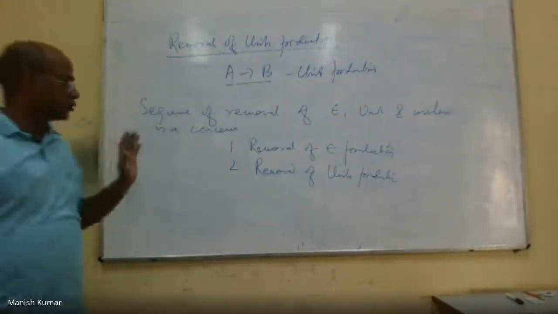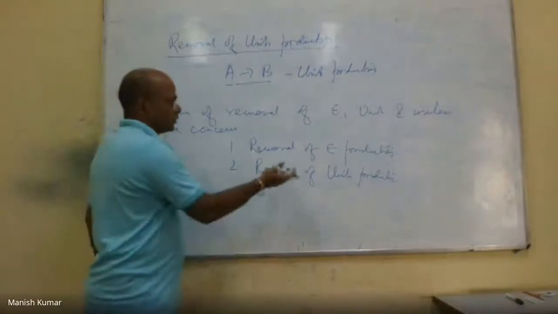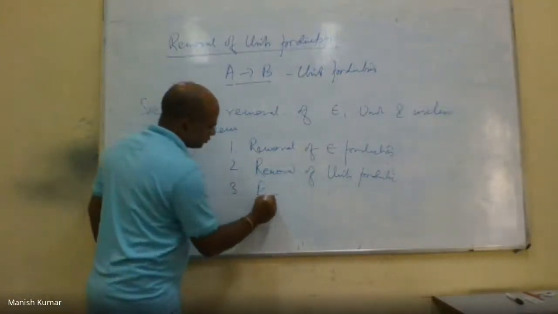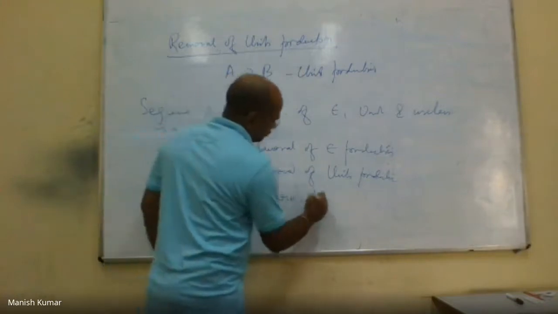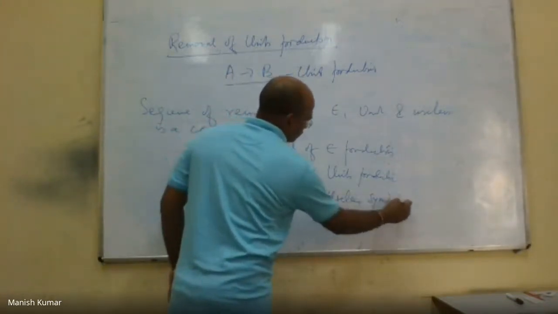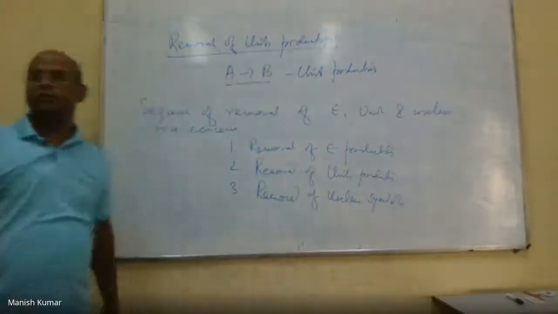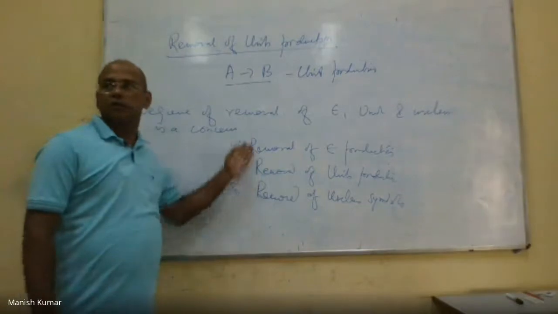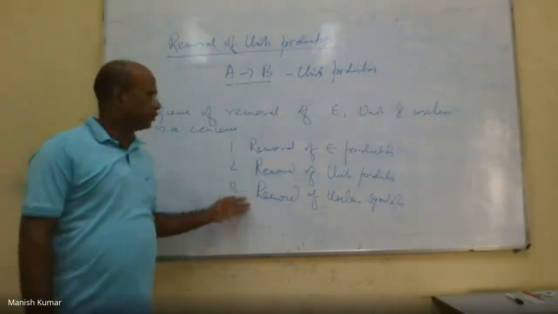So before useless symbols, you go for unit production removal. And third is removal of useless symbols. This should be the sequence of removal.